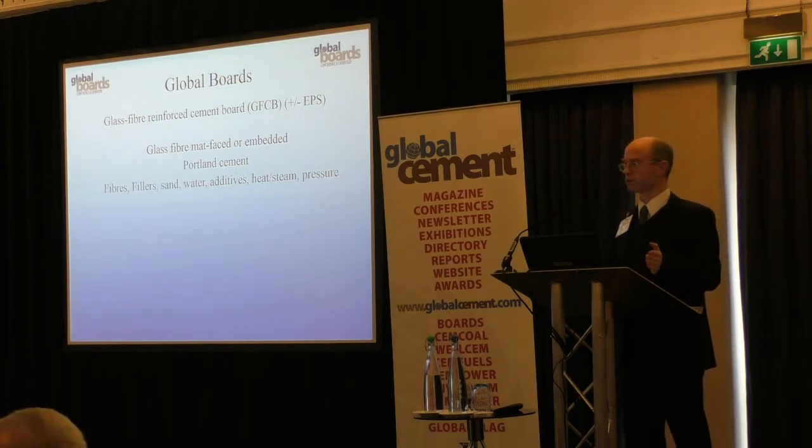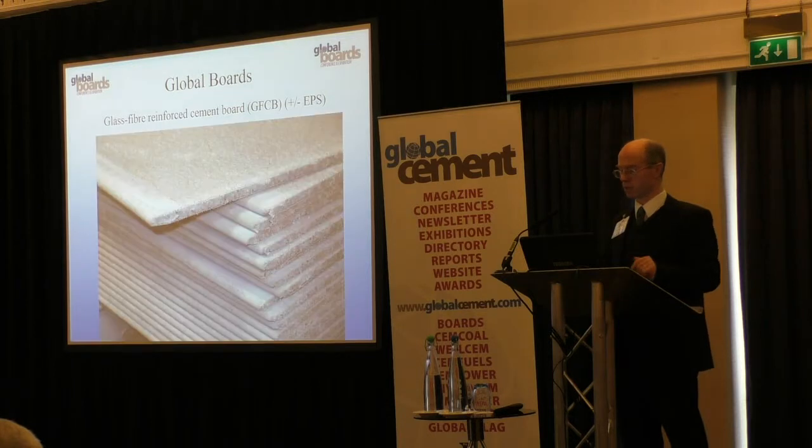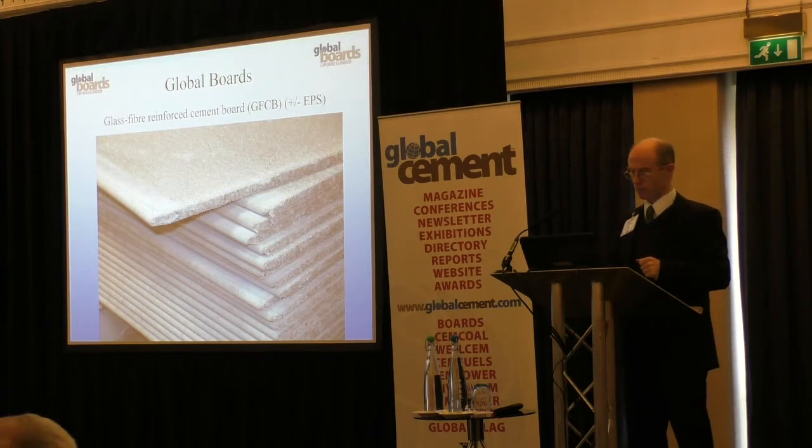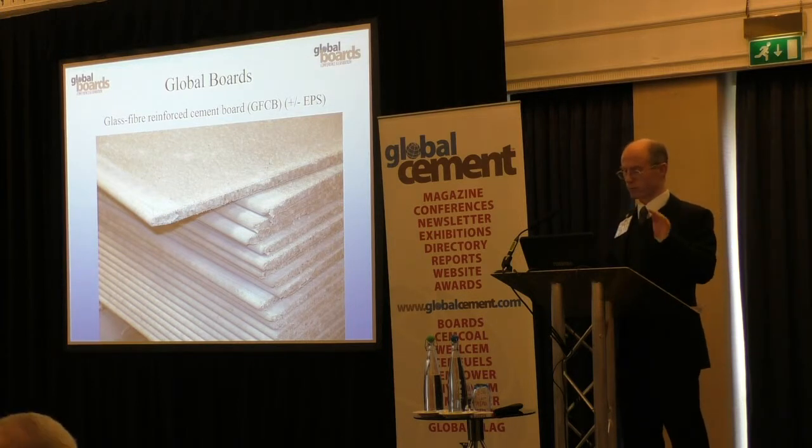They use those fibres typically within the board itself to give it flexural strength. Fillers, sand, water, additives, heat, steam, pressure. Same again. Here's one example. You can see that this is a relatively unsophisticated board, but it's a glass mat reinforced board, very, very robust.